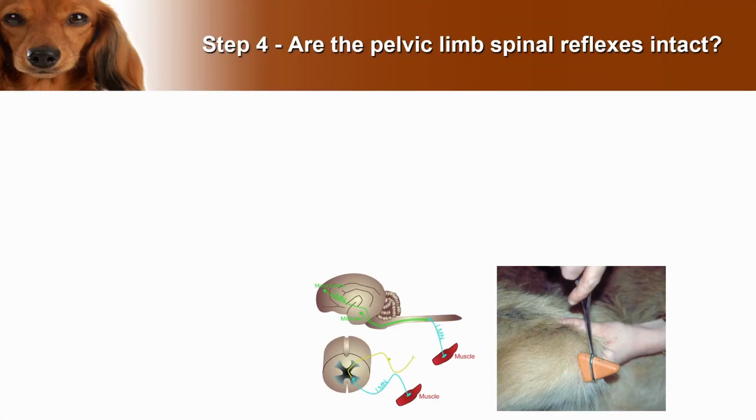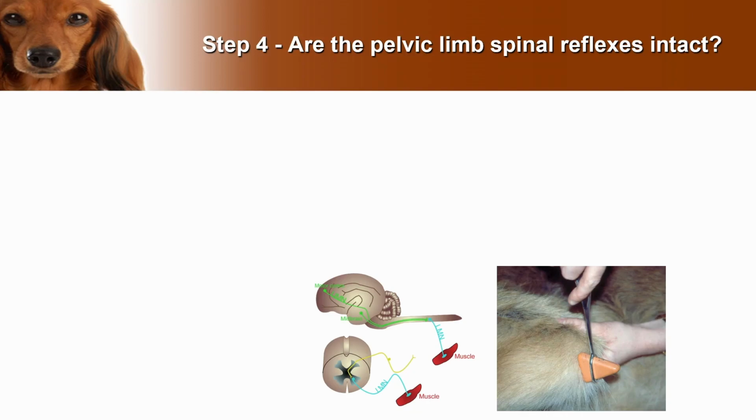And step 4 is assessing whether or not the pelvic limb spinal reflexes are intact, and also the reflexes associated with the perineum. People often get themselves tied up in knots about this part of the neurological examination.